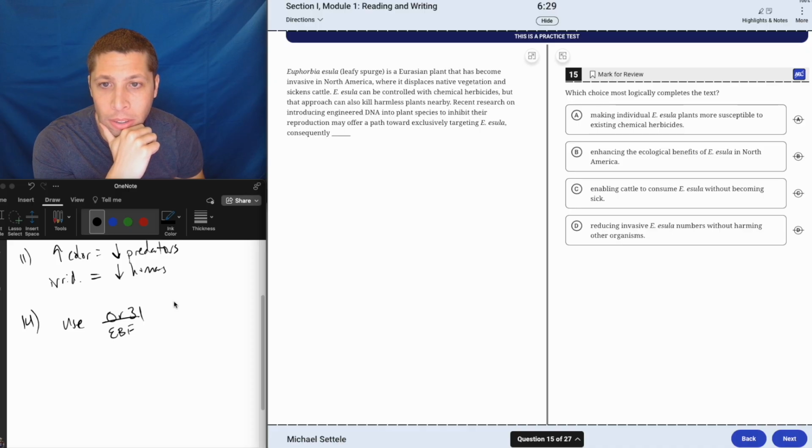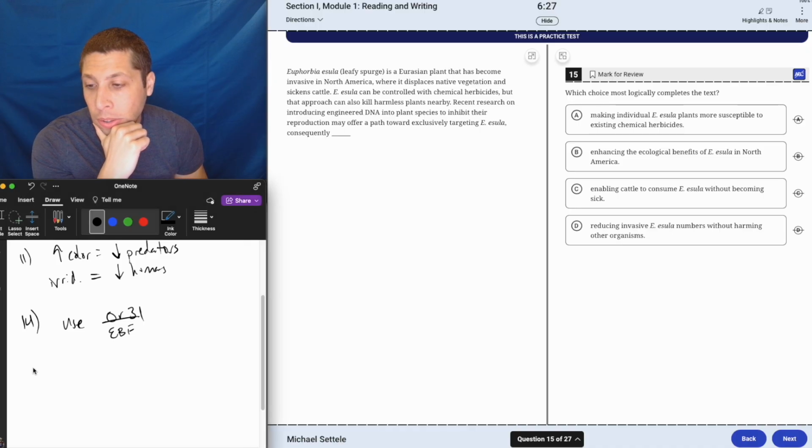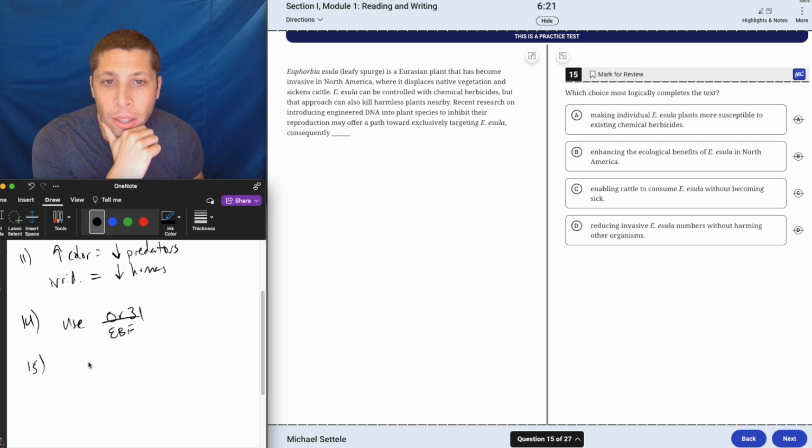Consequently, okay, so if you're only targeting that, what's the problem? You're inhibiting their reproduction. So you're targeting it without killing other plants, right? Because you're not using herbicides anymore.